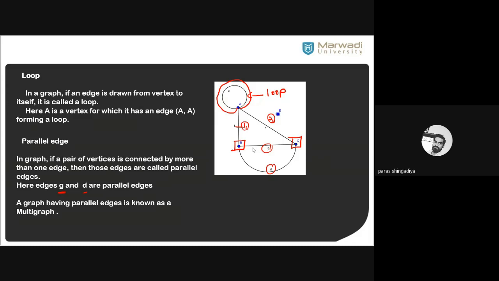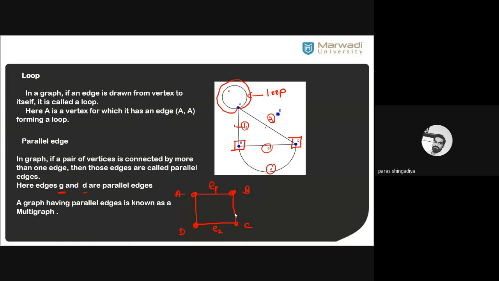The graph having parallel edges is called the multigraph. And here you should not take the meaning of the word parallel in the everyday way. If I consider another graph in place of that, the four vertices are here, A, B, C, D. We cannot say E1 and E2 are parallel, that is not the meaning of parallel.